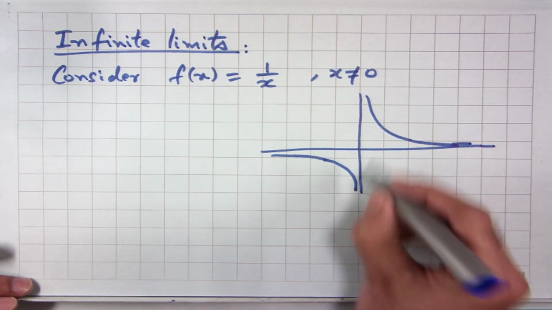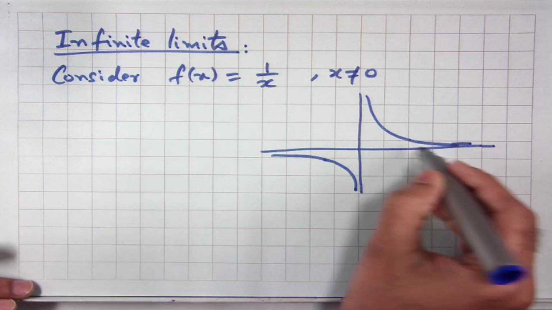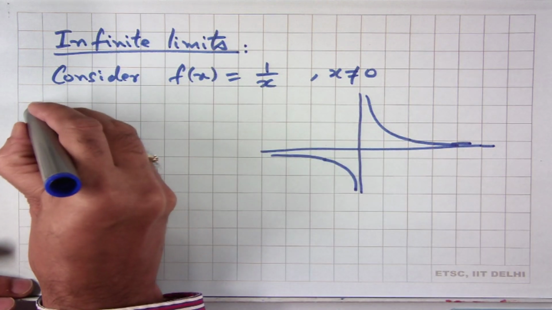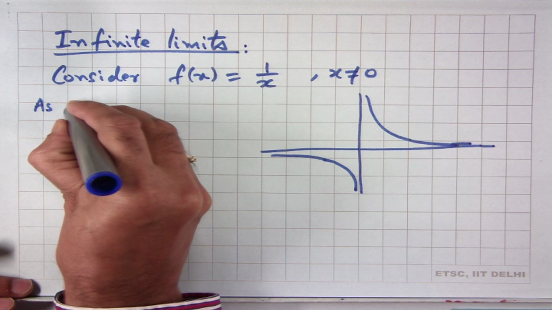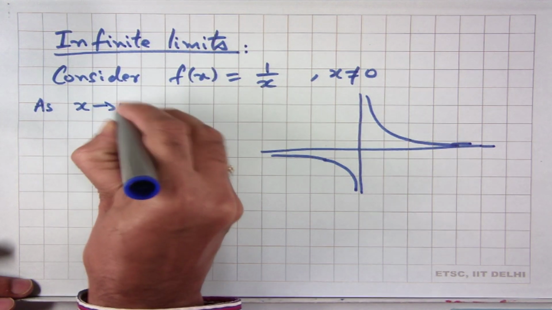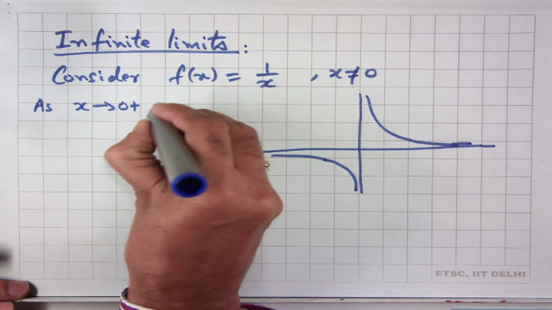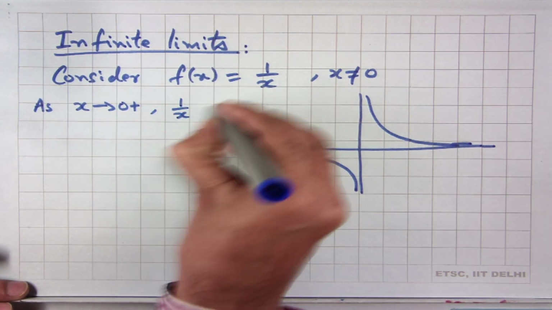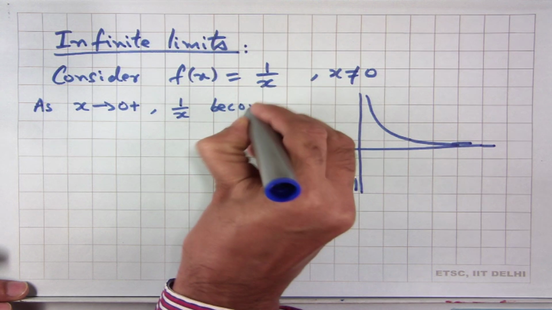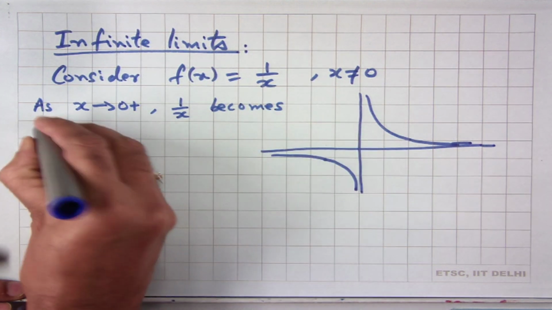As x is negative, what happens is that as x tends to 0 plus, this means from the right, 1 by x becomes larger and larger.